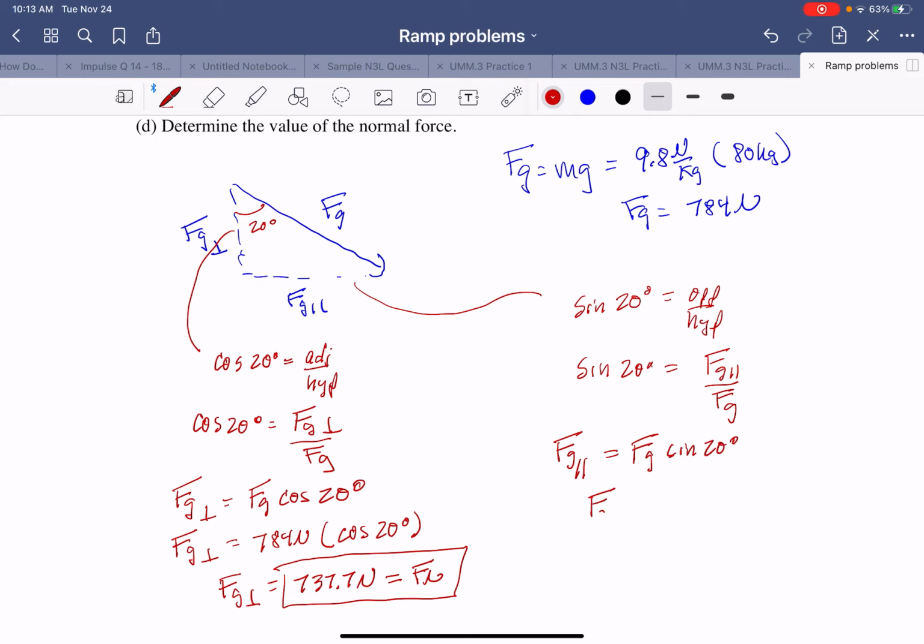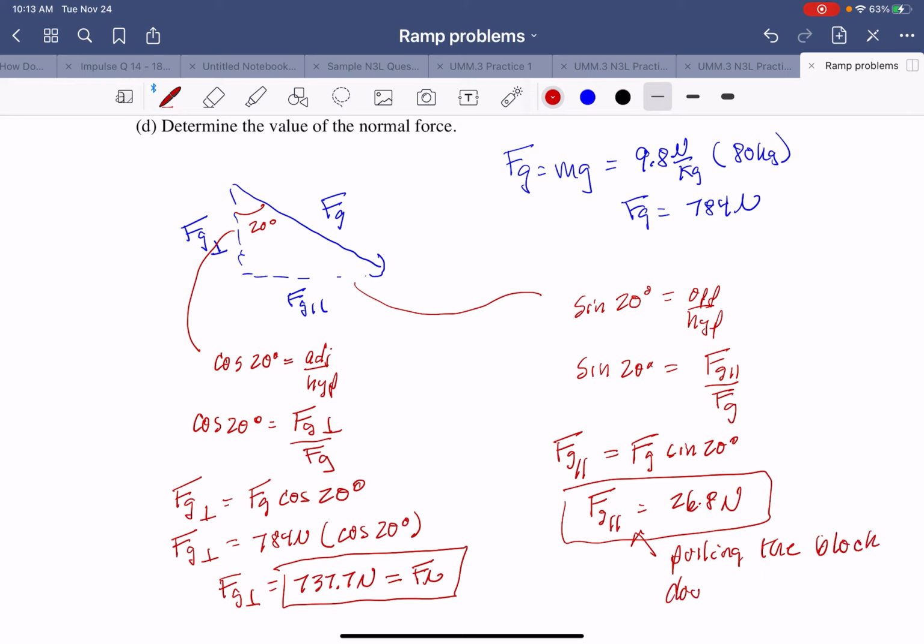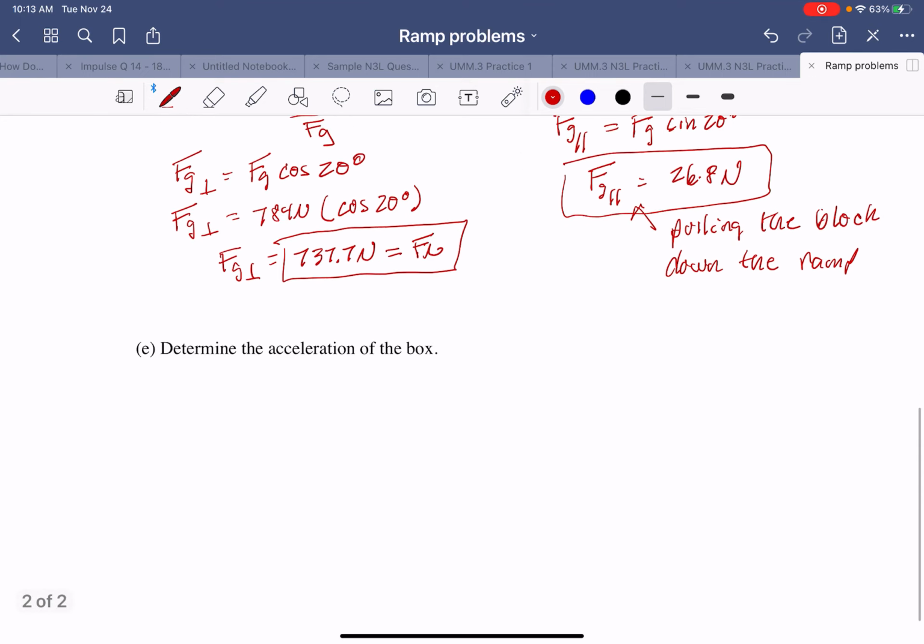When I calculate that out, it ends up being 26.8 newtons. This right here is what is pulling the block down the ramp. We found the normal force. Yay, we found the normal force.